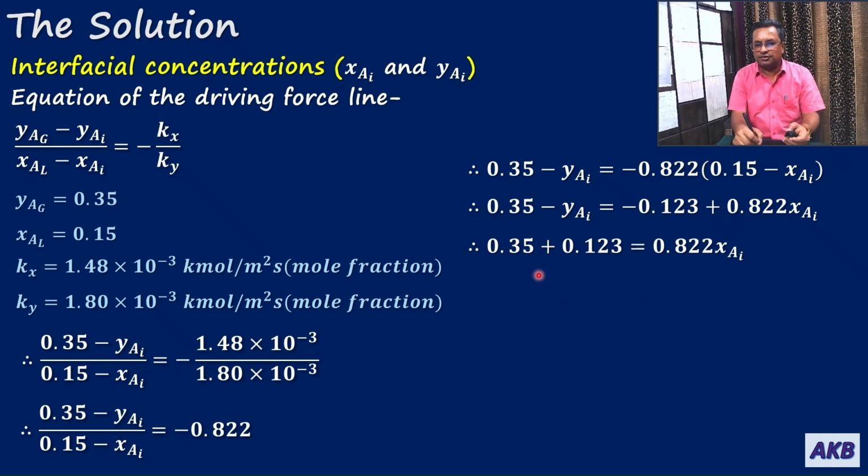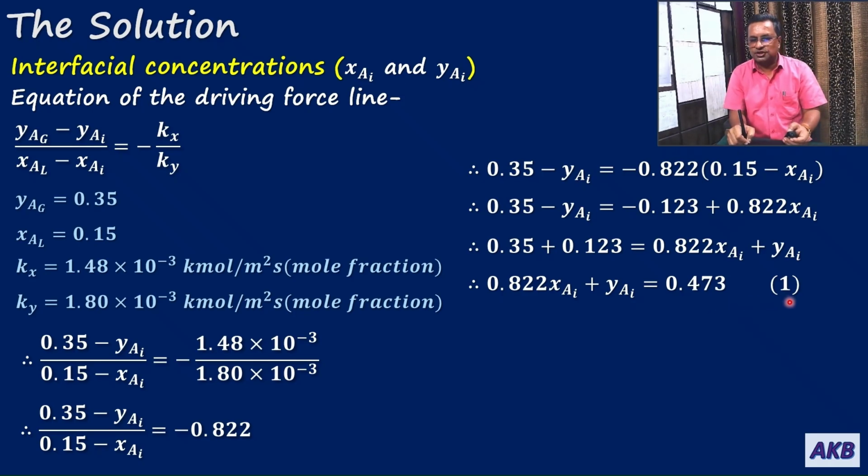I will bring this term to this side, so this is 0.35 plus 0.123 equal to 0.822 XAI. And if I take this term to this side, it will be plus YAI. So that is 0.822 XAI plus YAI is equal to 0.35 plus 0.123, which is 0.473. So this is equation 1.